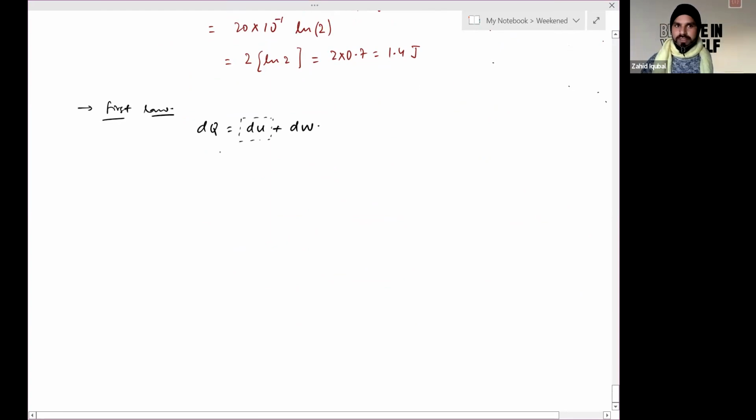So the amount of heat supplied to this system will be equivalent to the work done during this process. So dQ equals dW, and it will be equal to nRT ln V final divided by V initial.